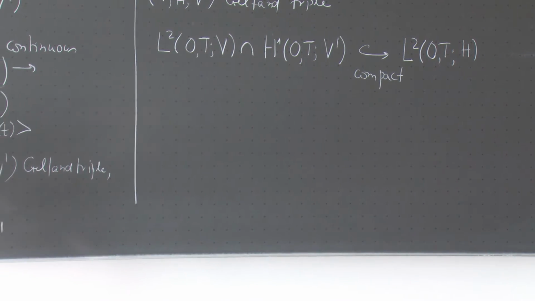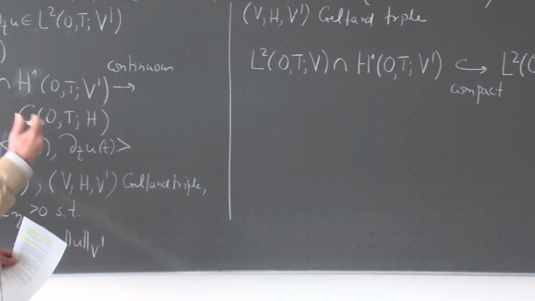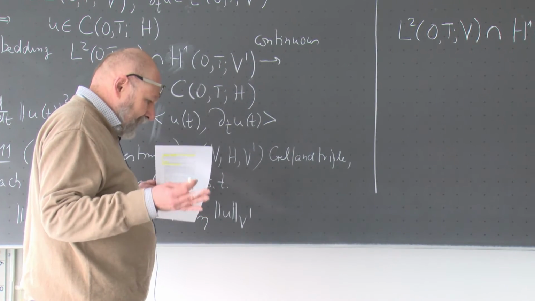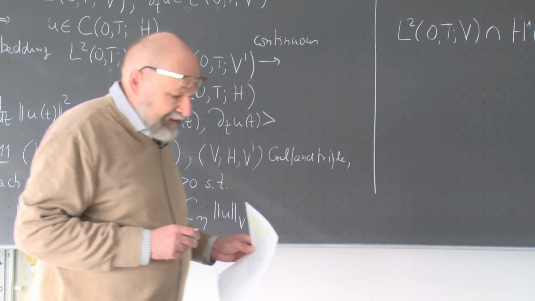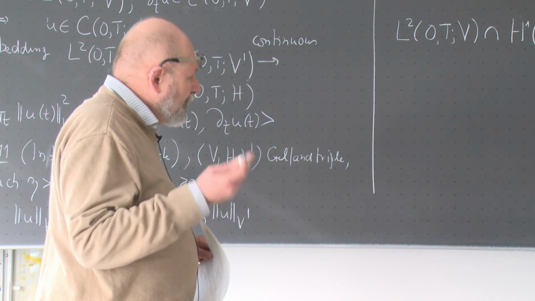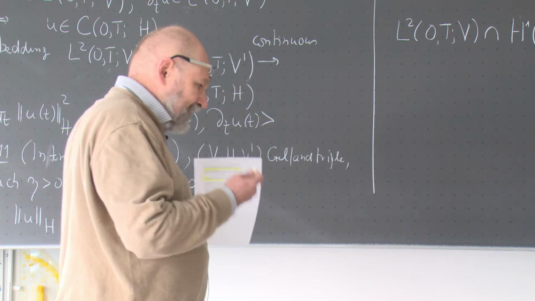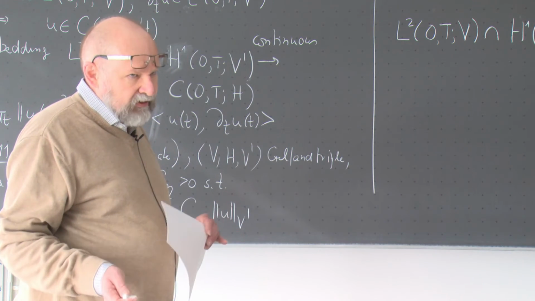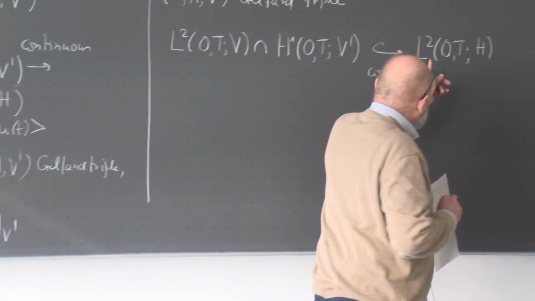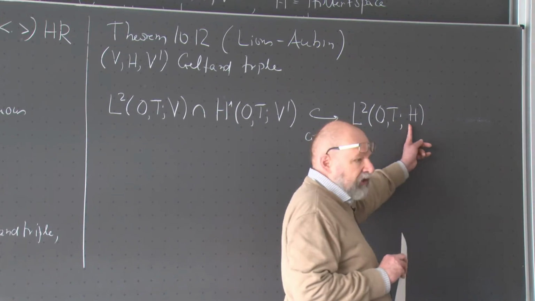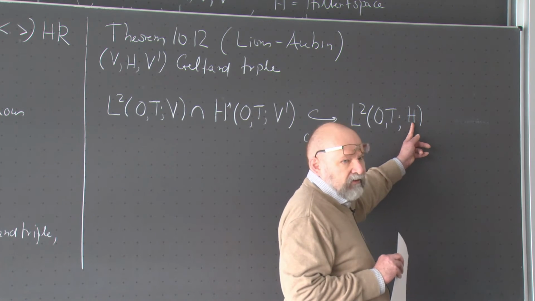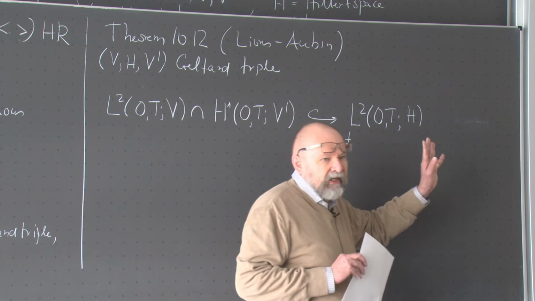In a Hilbert space or a reflexive space, any closed bounded set is weakly compact, in the sense that I can select a subsequence which is weakly convergent. Here, this allows me to select a subsequence which is strongly convergent in this space, with values only in H, but anyhow.